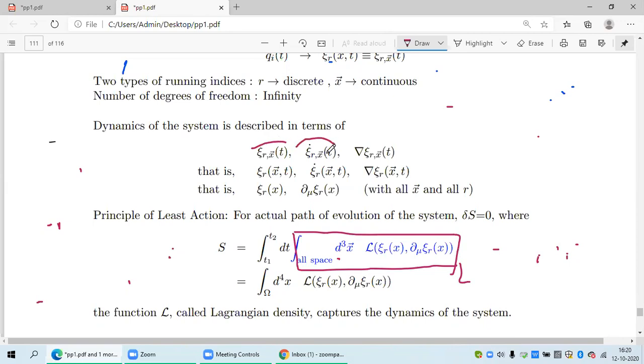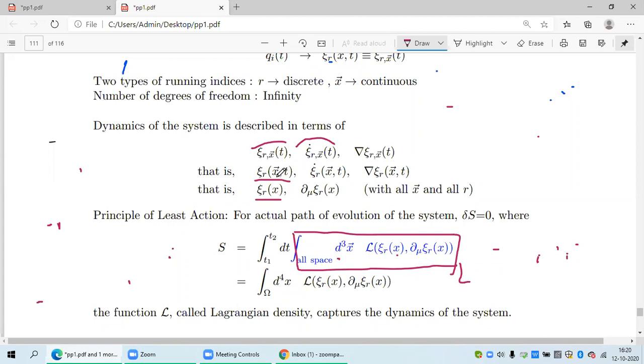But I say that x is a function of t. No, no, no. X is not a function of t. When I write either vector x at t or x, these are the same thing. This x without any vector sign means t and x are there.